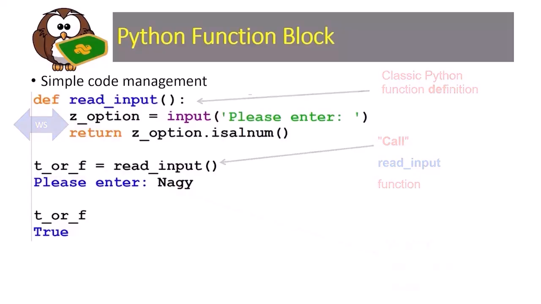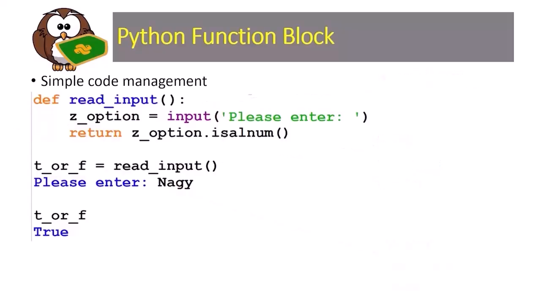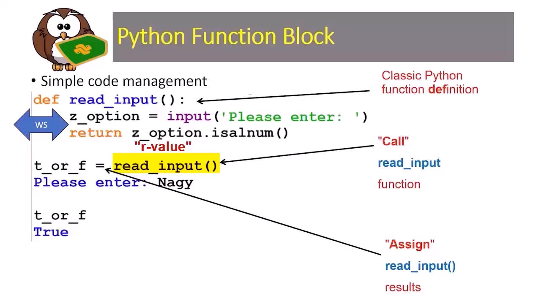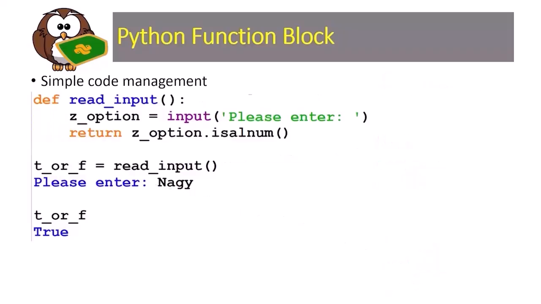Ultimately, of course, we have something on the left, or the TRF, which is usually called an L value, being assigned to something on the right, which, not surprisingly, we call an R value, so as to allow us to receive either a true or a false, as our isalnum will return to us.